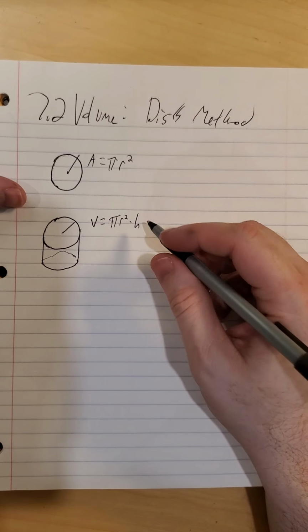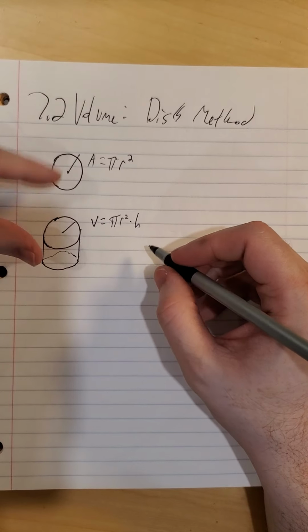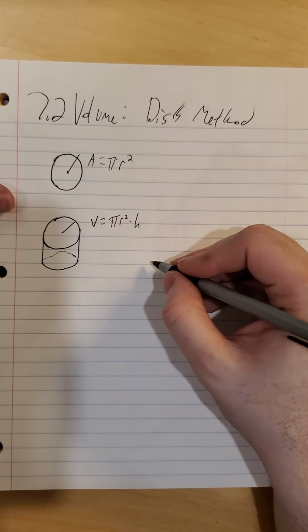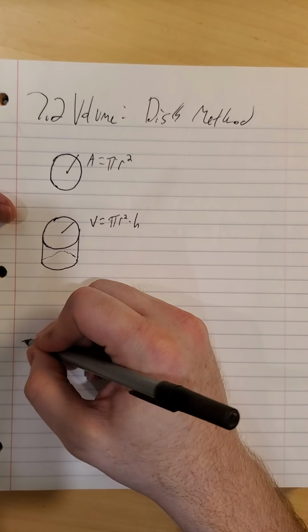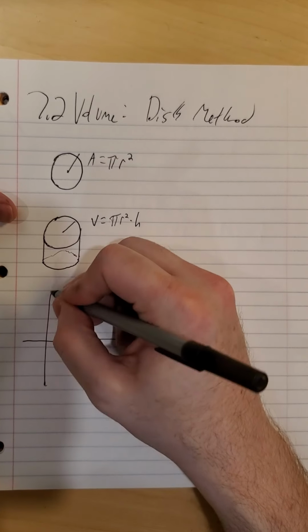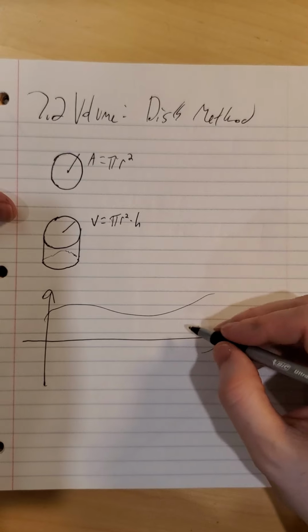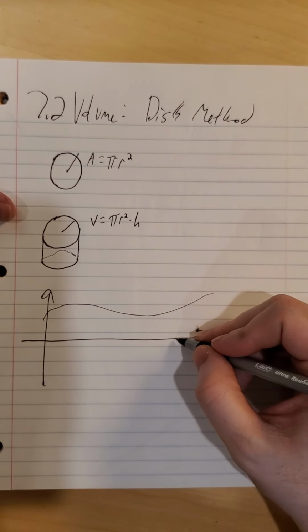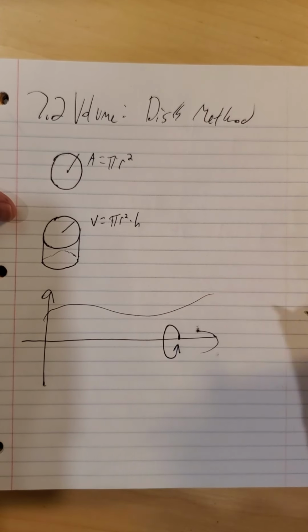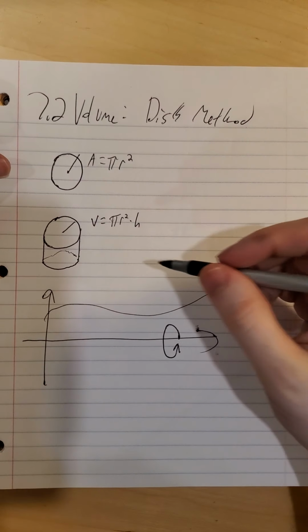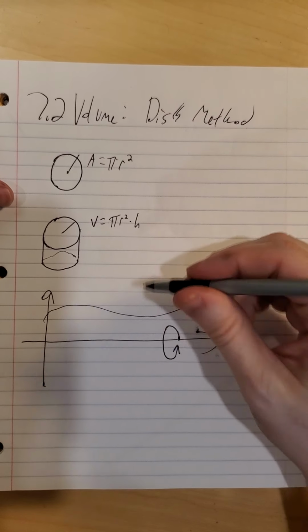What we're doing today kind of resembles the soup can just turned on its side. So the idea is we're in here in the XY plane somewhere. We have some type of figure, and we're going to revolve it about the x-axis, later on the y-axis and other axes.